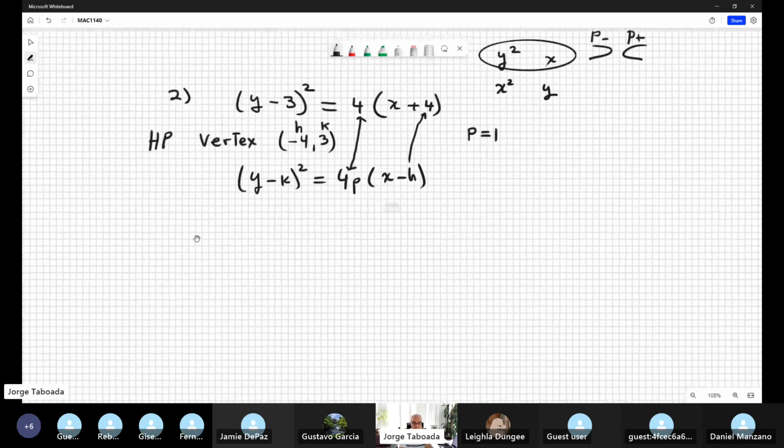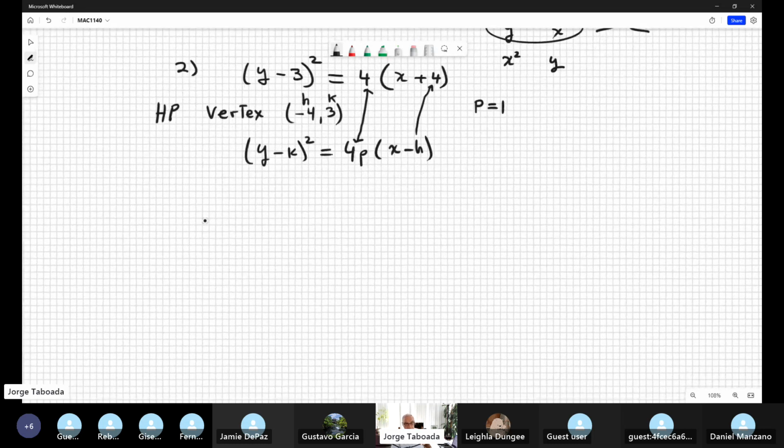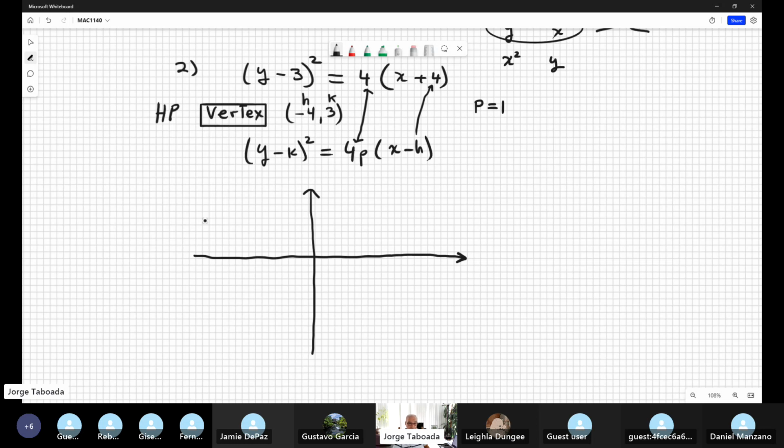And p is super important in the parabola because it gives me information about the focus, directrix, endpoint of the focal diameter, whatever. So now, my rectangular coordinate system, roughly I'm doing by hand. The super important point is the vertex. And the vertex is -4, and +3. This point is located our vertex.